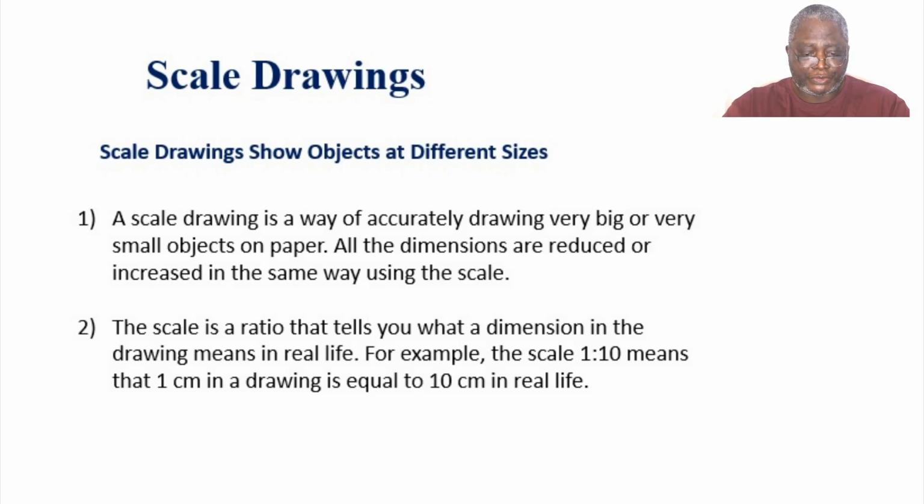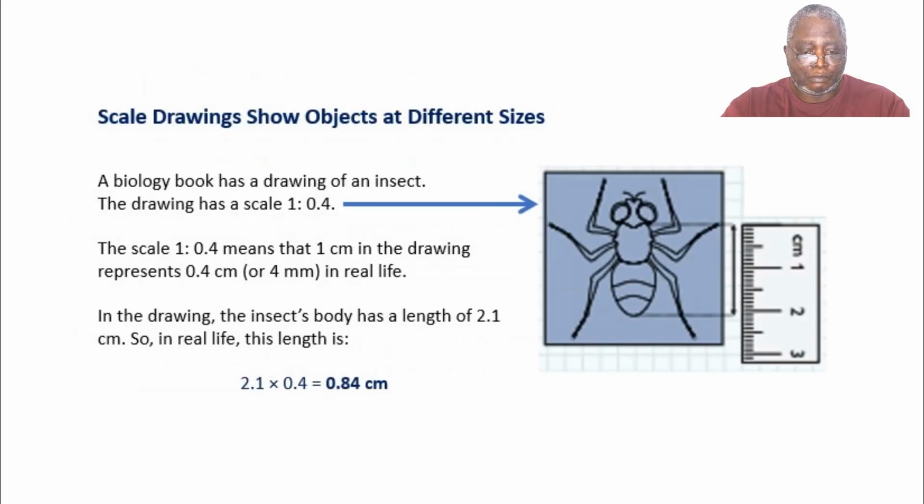The scale is a ratio that tells you what a dimension in the drawing means in real life. For example, the scale 1 to 10 means that 1 centimeter in a drawing is equal to 10 centimeters in real life. So as I said, scale drawings show objects at different sizes.